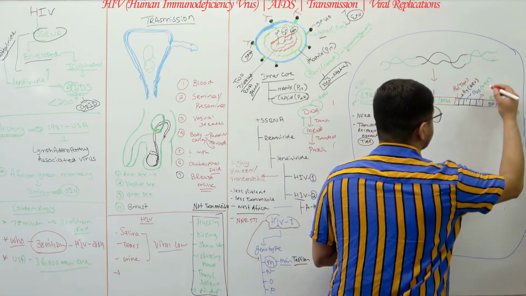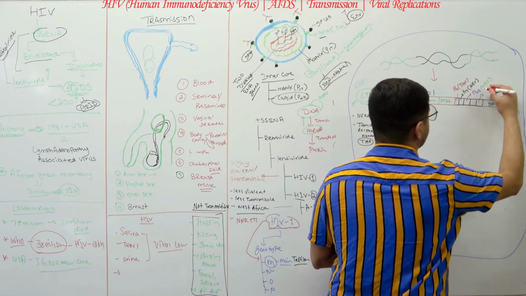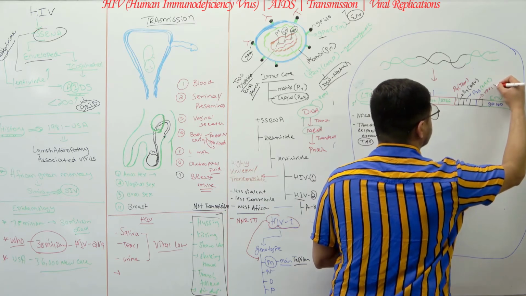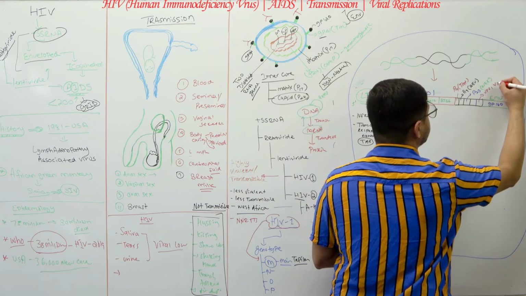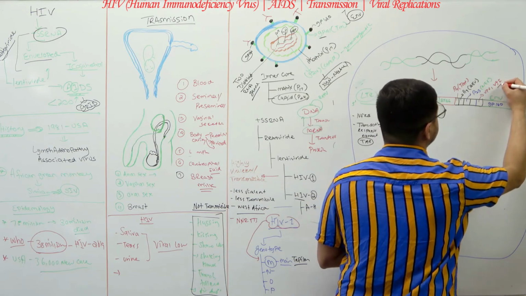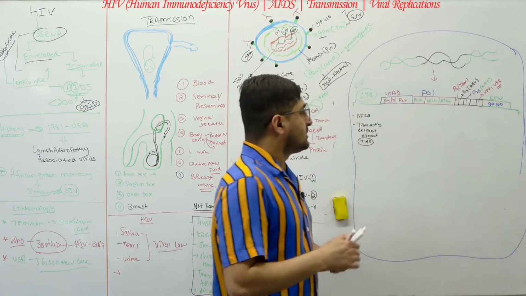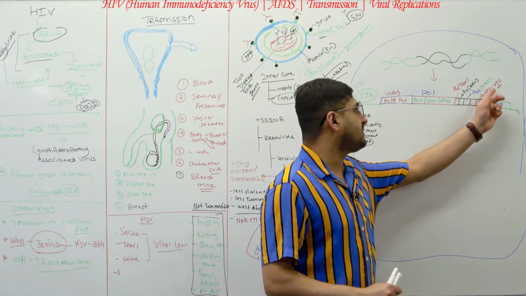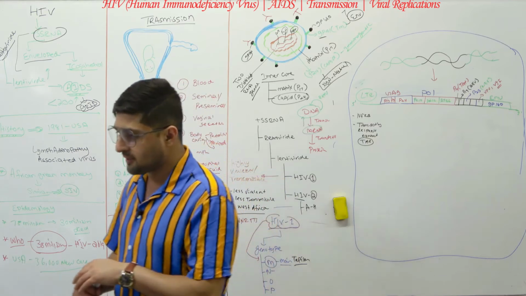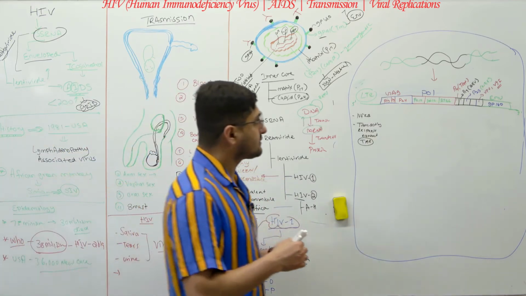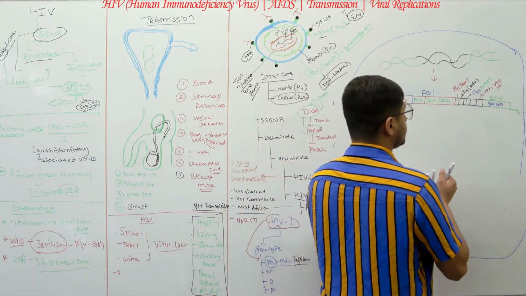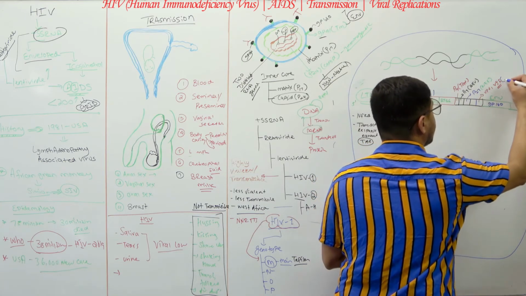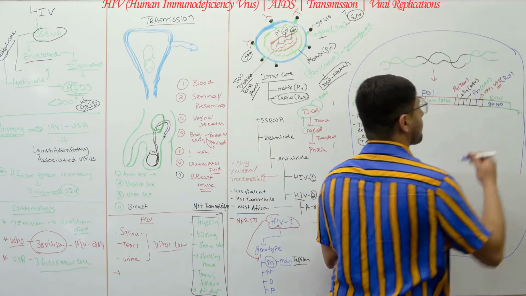Also, not only P23 is there, right? They also have the VPU gene, and the viral infectivity factor is also there, right? So remember, the P14, P19, P23, the VPU and VIF are also there, right? So remember this. And actually this is P27, actually the NEF gene is, and then VIF is P23, right?